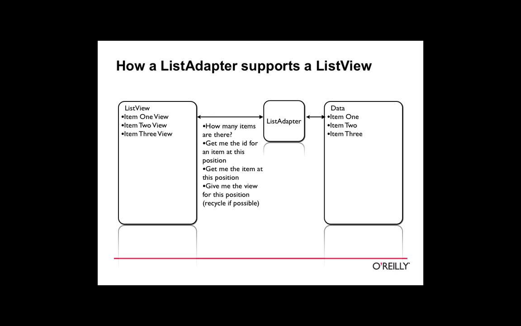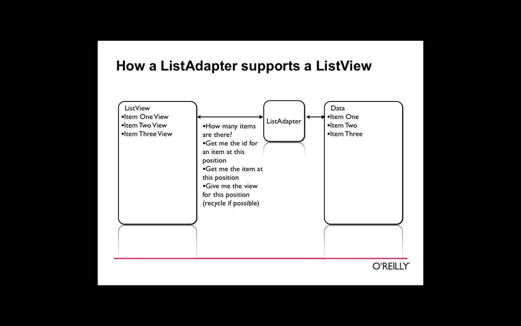An adapter is the instance of the class that is responsible for taking data out of a list and telling the list view that needs to display that data the answers to a few interesting questions, and also performing a few important tasks.